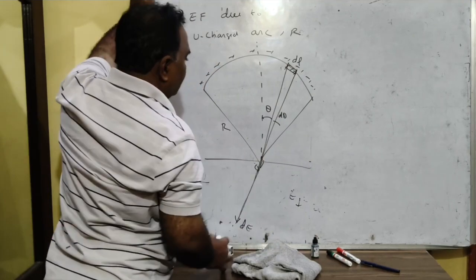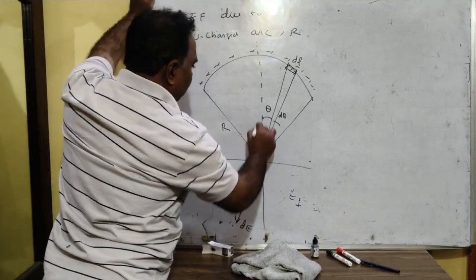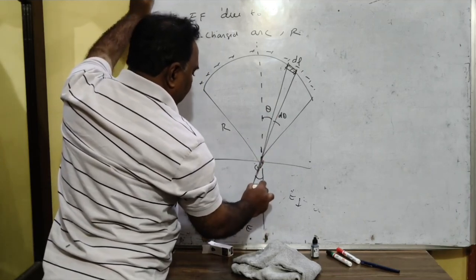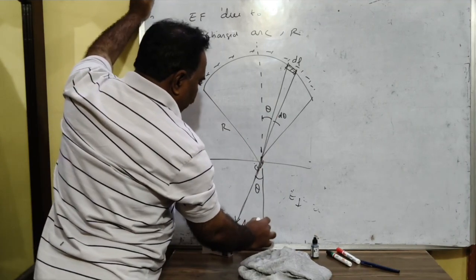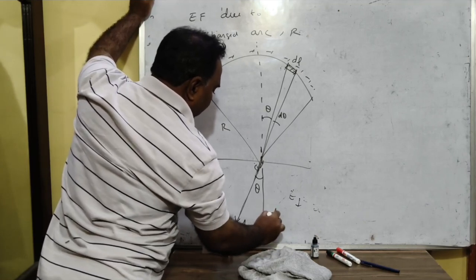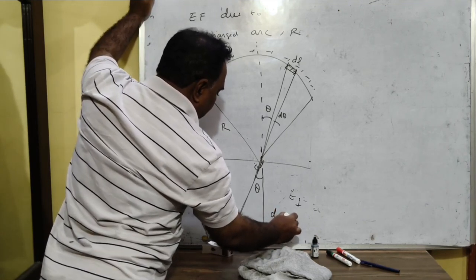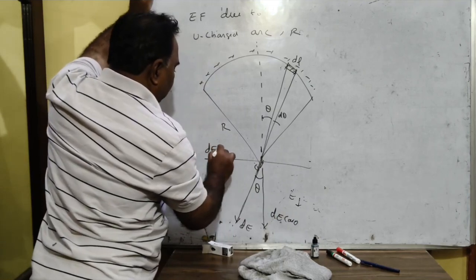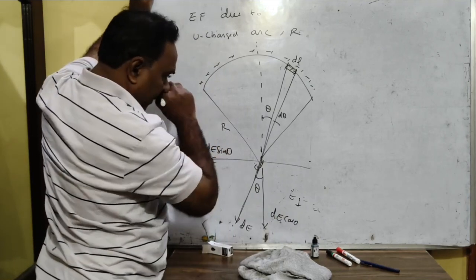With this vertical, if this is theta, this is also theta, therefore this will also have two components: dE cos theta and dE sin theta.